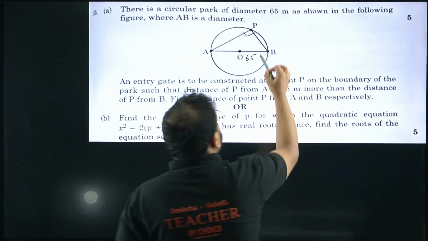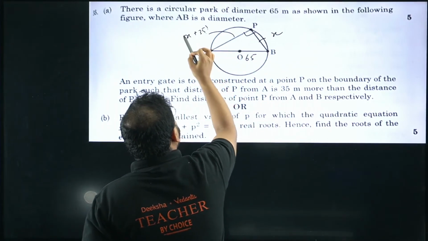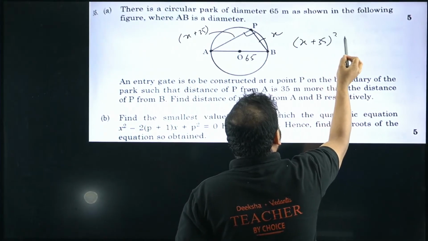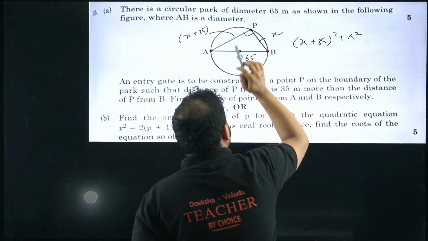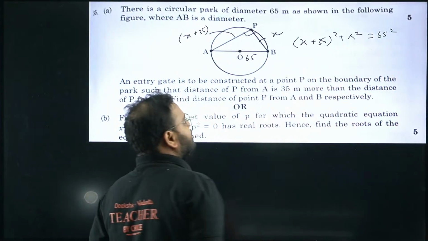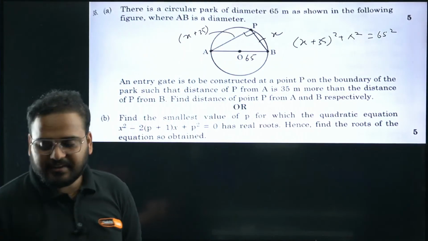So if I take this to be x, it's going to be x plus 35. So the relation I'll have is x plus 35 the whole square plus x square equals 65 square, correct? If you solve this, you're going to get x as 25.